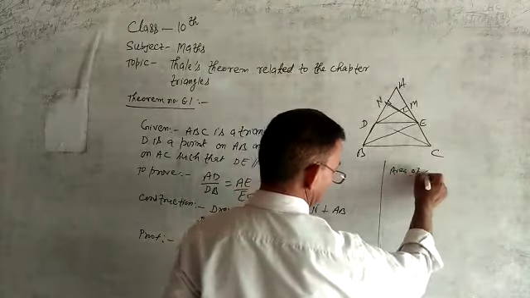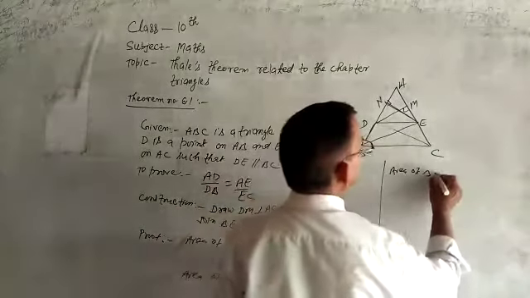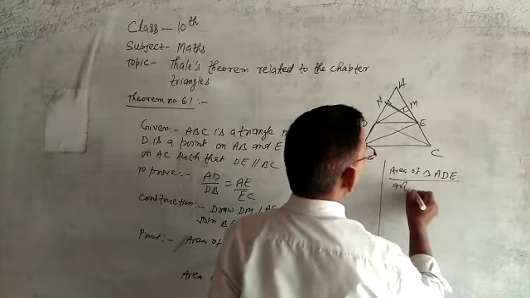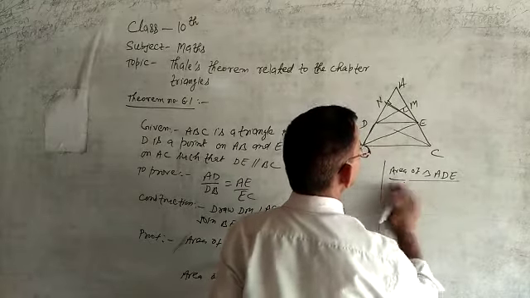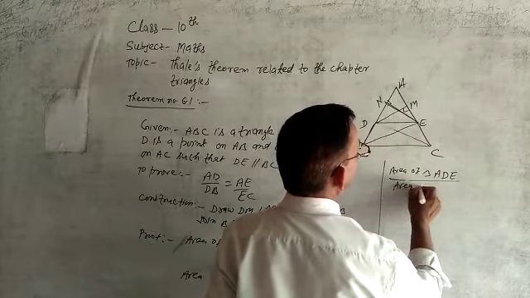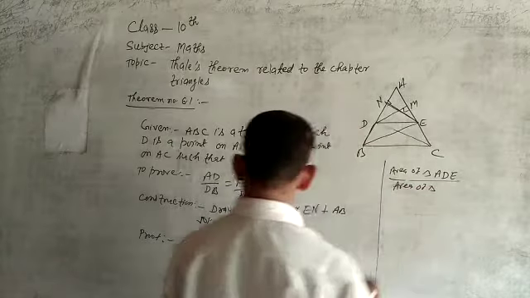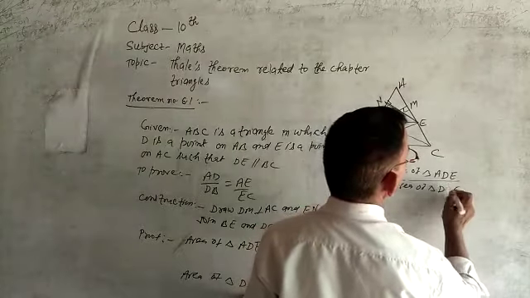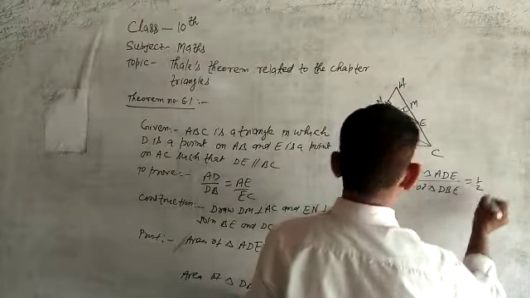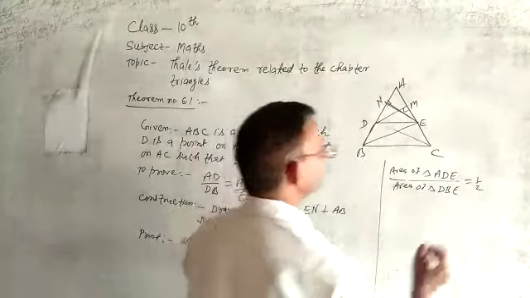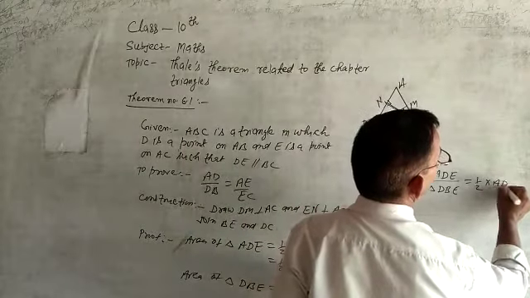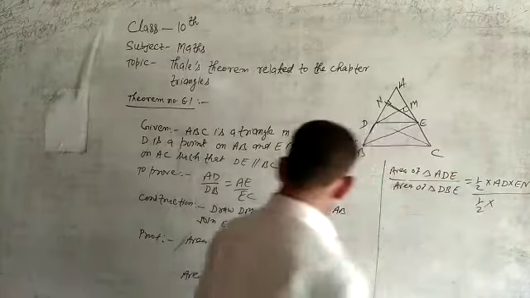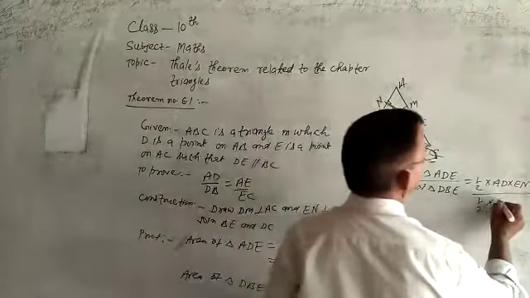Area of triangle ADE by area of triangle DBE is equal to 1 by 2 AD into EN upon 1 by 2 into DB into EN.